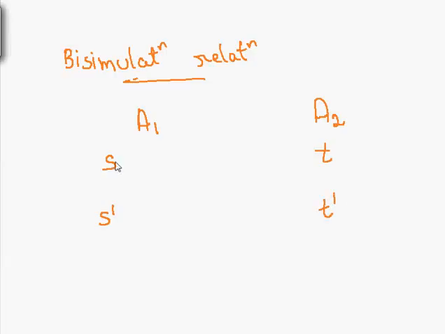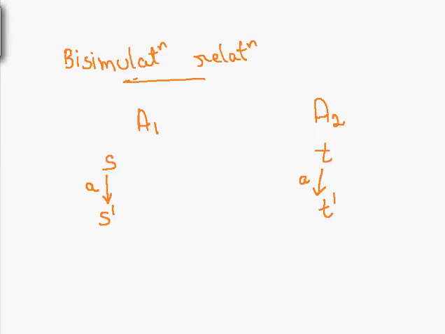For me to say that S is related to T, that is, there is a bisimulation relation between S and T, I should follow these rules. If there is a transition with an action A from S to S dash, then a similar transition from T to T dash should be there here also.